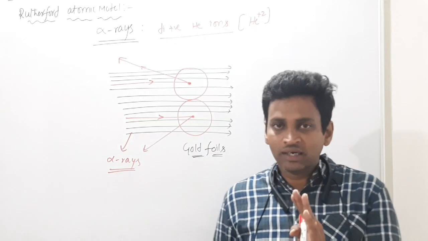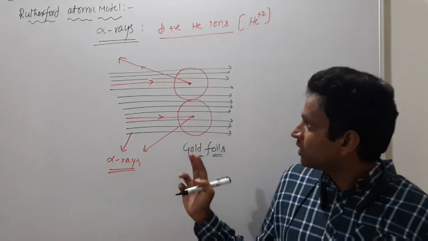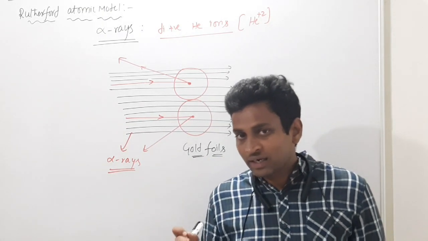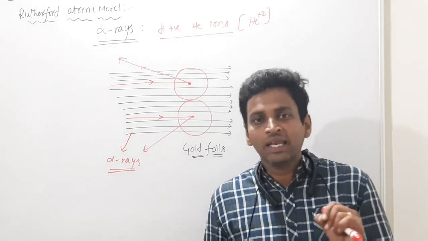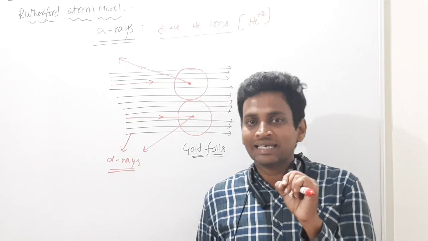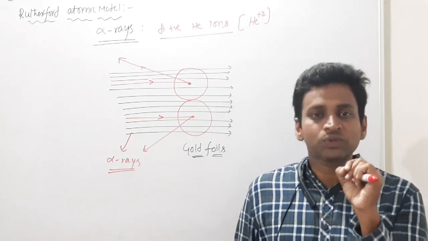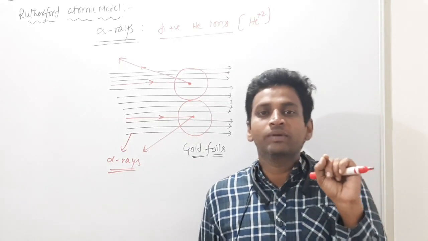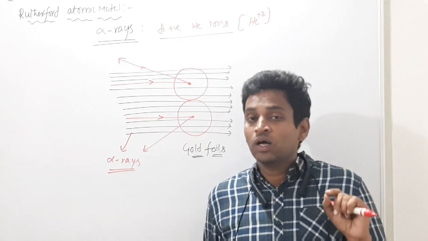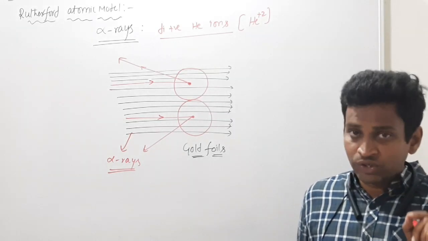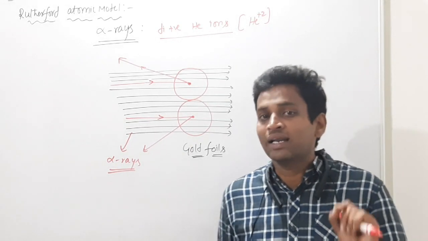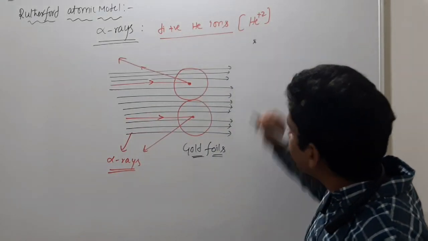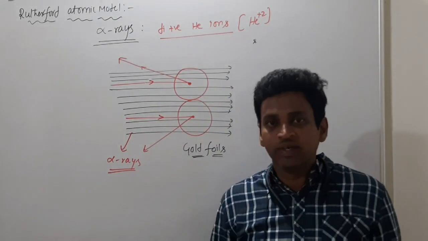I repeat the final conclusion: in an atom, at exactly the center there is a positive charge, and around the nucleus there will be a negative charge. That negative charge around the nucleus is due to the presence of electrons. So finally, draw the diagram, it's very important.